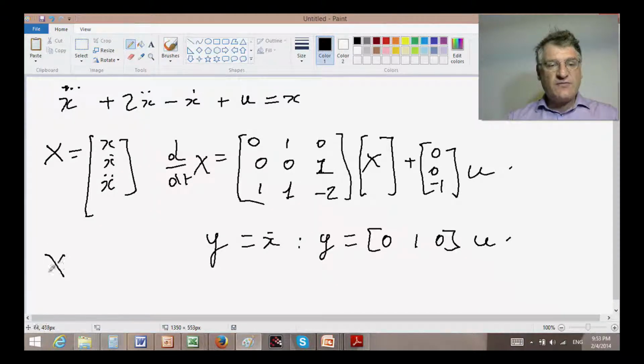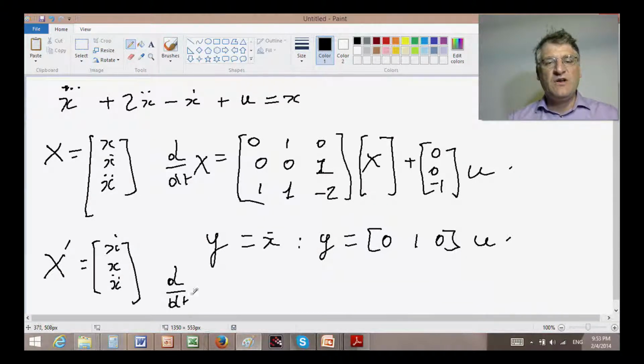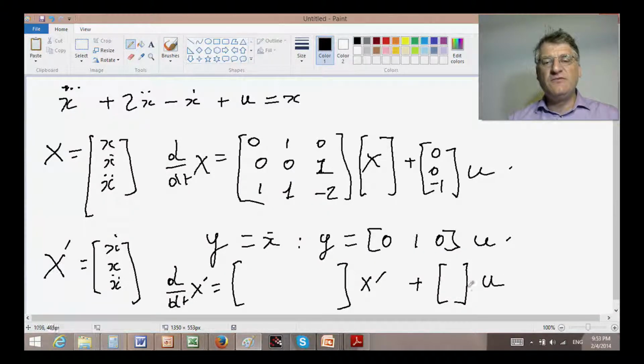You could define x prime, another state variable, to be equal to x dot, x double dot, x instead. And still define your differential equation, d dt of x prime. It gets a little bit more complicated, but it is a matrix times x prime plus another matrix times u.